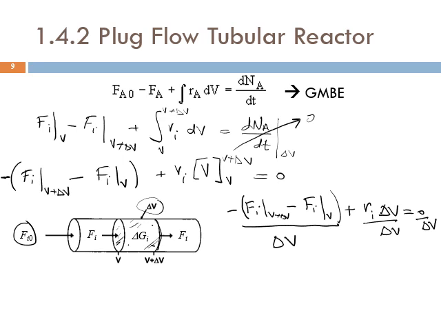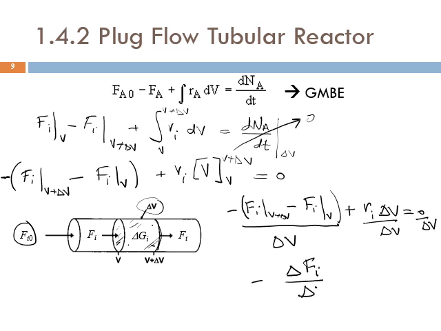And this will take me to minus. If you allow me, Shabab, instead of Fi evaluated at V plus delta V minus Fi evaluated at V, I would simply write it as delta Fi, correct? That's what delta Fi is, correct?